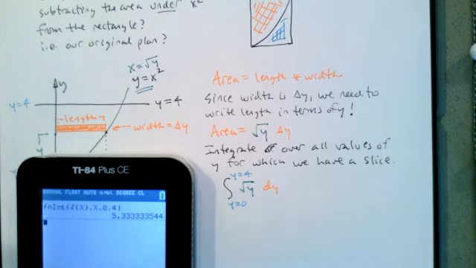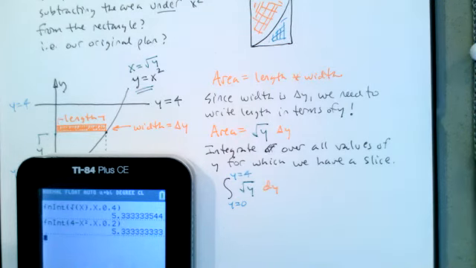Let's integrate the other one we had, which was the integral of 4 minus x squared with respect to x from 0 to 2. 5 1/3. If you're concerned about what's happening way down here in the millionths, that's because your calculator is rounding things off.